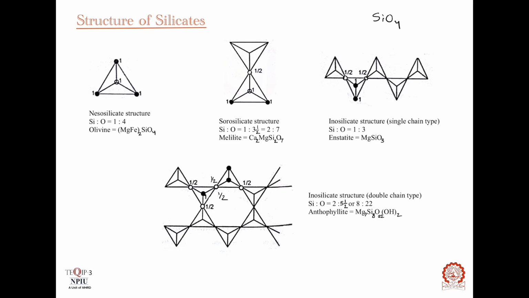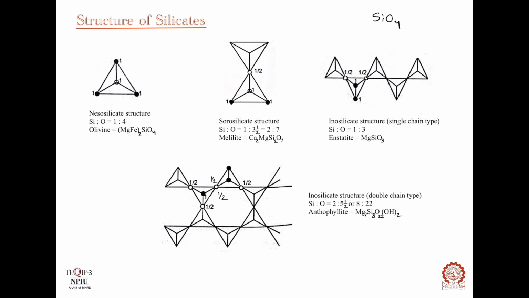Here the ratio of silicon and oxygen is 1:4, which means one silicon atom is bounded by 4 oxygen atoms. The example which has this kind of structure is olivine, and its chemical composition is MgFe2SiO4. Look at here, the ratio between the silicon and oxygen is 1:4.